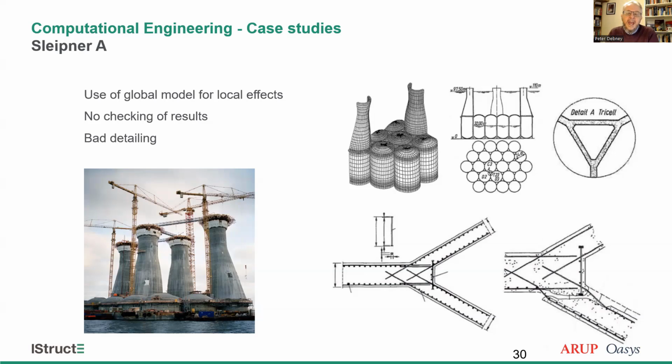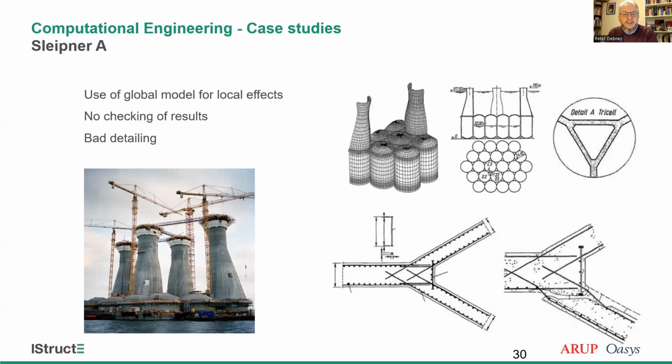Now, ironically, if they had done a simple hand check, assuming, well, there's the beam, a fixed-ended beam, there's a UDL, what's the shear force on that beam? A one-line calculation would have told them they got their values wrong. They didn't actually check the results. They blindly accepted the model results without checking to see if they were correct or not.